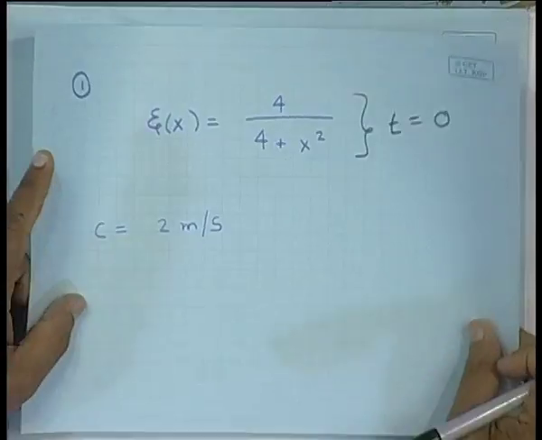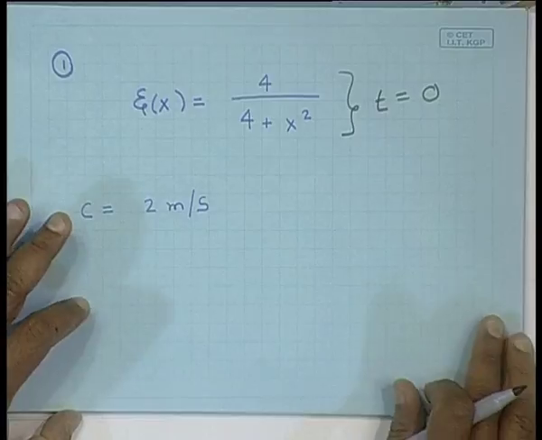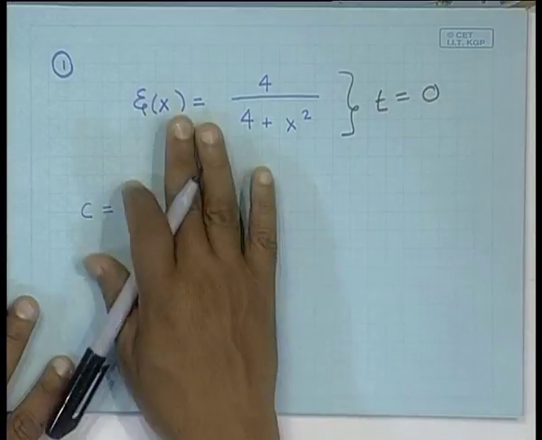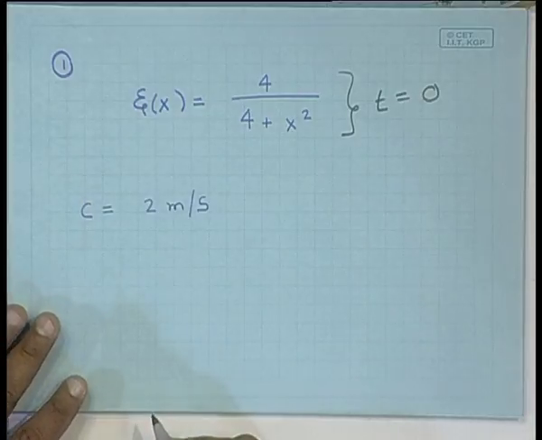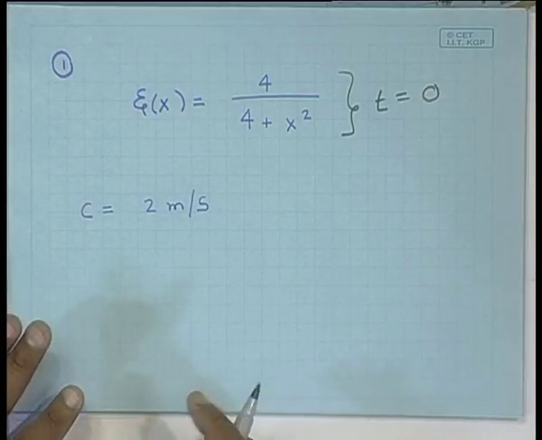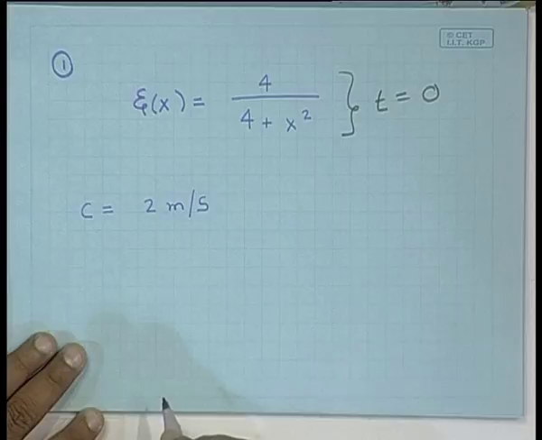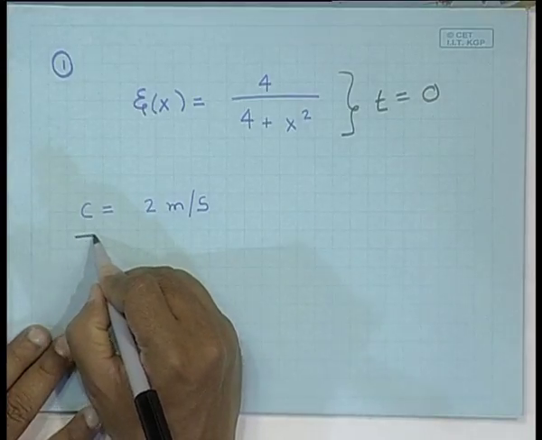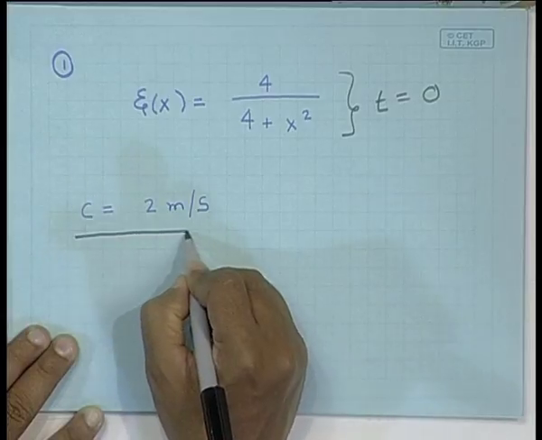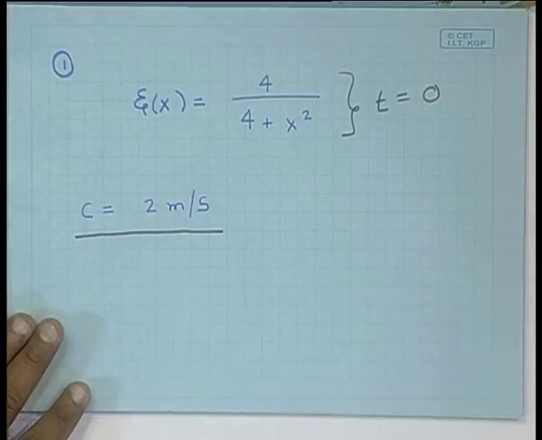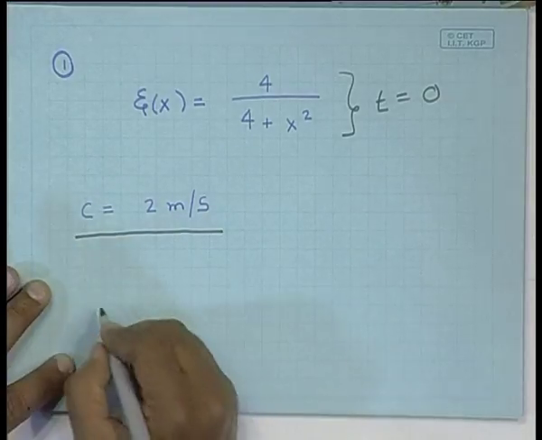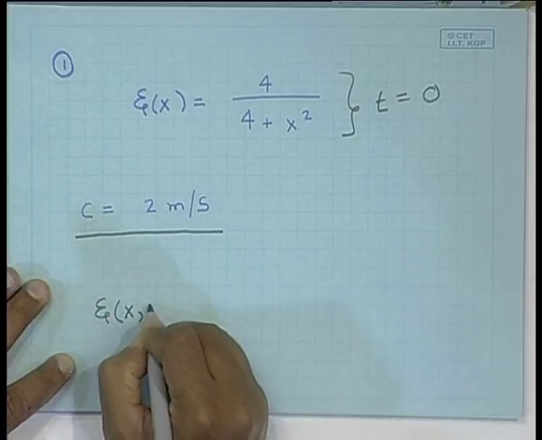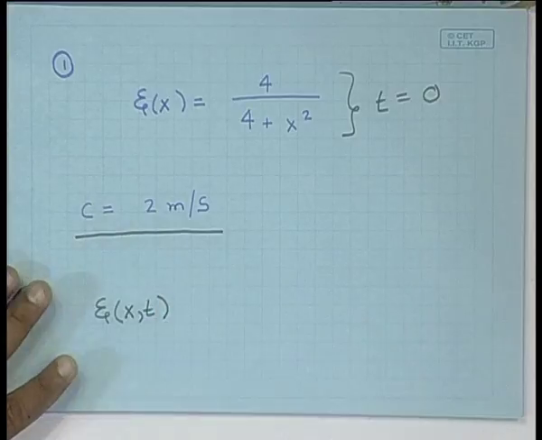Now, the second part of the problem is that we are given the information that this is a right propagating wave. So, as time evolves, it is a wave propagating towards the right with the speed Cs, which I have denoted by c, 2 meters per second. And the problem is that you have to write down the full time dependence of this displacement.